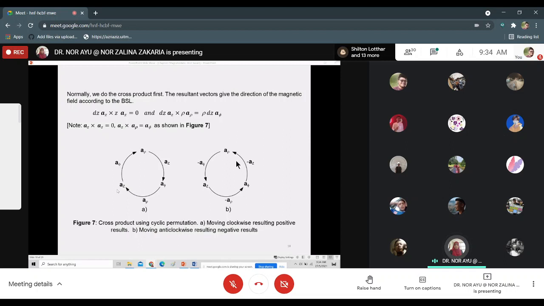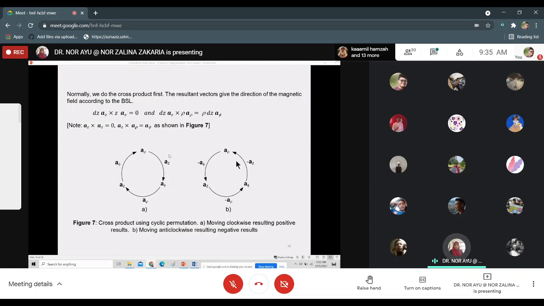Okay, so go back to your cross product balik. If you look here, look at this diagram. You need to draw something like this, which is kita ada arrow, a phi and az. So arrow cross dengan a phi, you will get az.